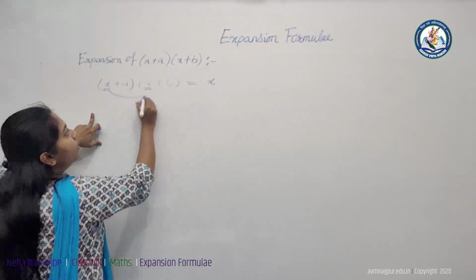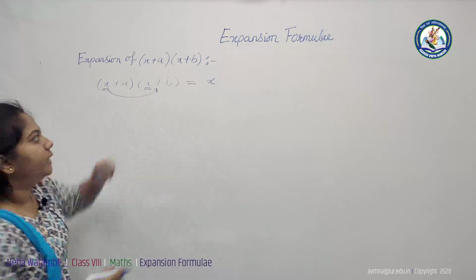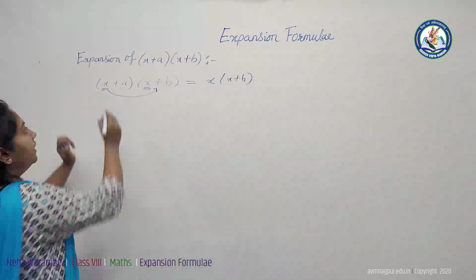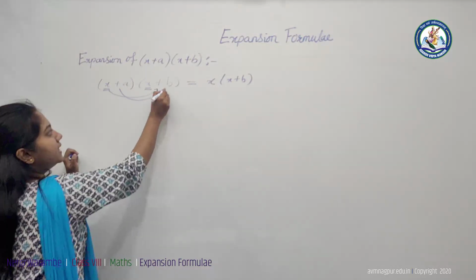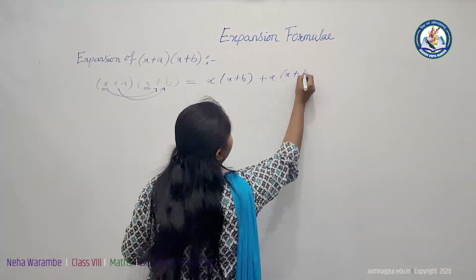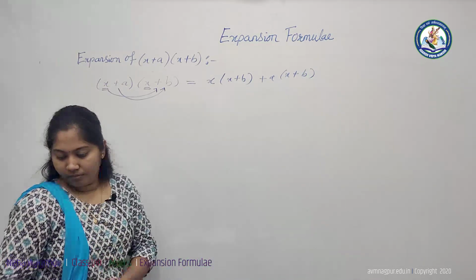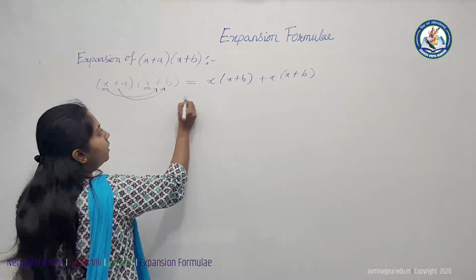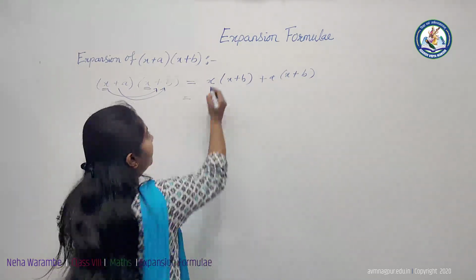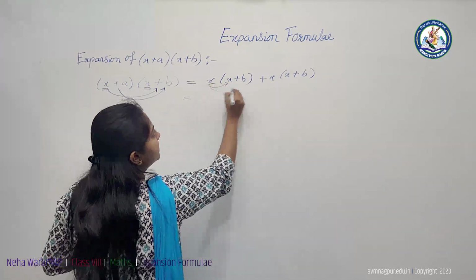First term into second bracket, that is x into (x + b). Then second term into second bracket, that is plus a into (x + b). Now this is monomial term multiplied by binomial term: this x into this and this into this.